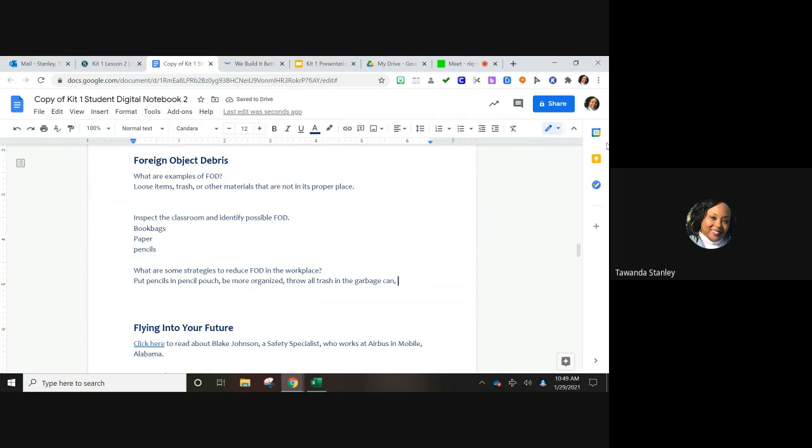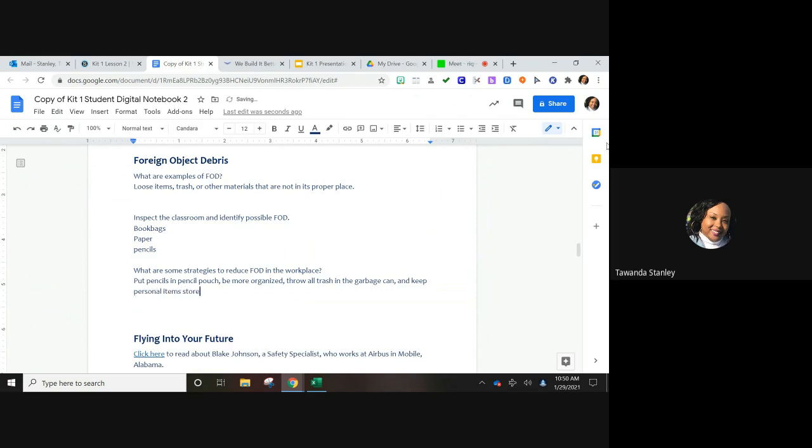You typing this in? Okay. If your teacher lets you keep water bottles, keep the top closed. And keep personal items stored in the proper place. Okay.